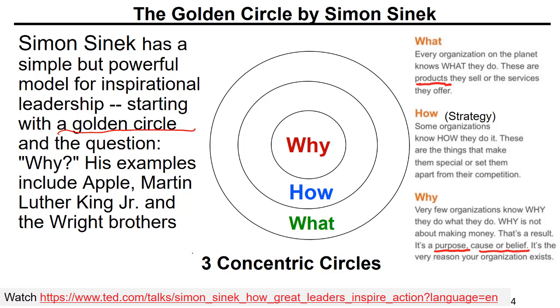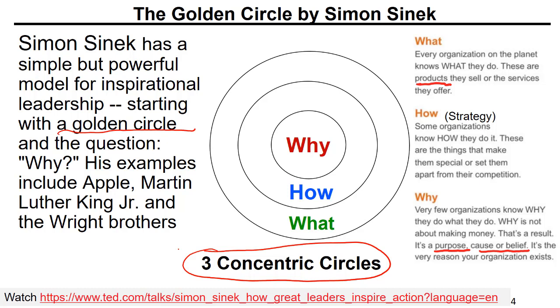And it's really 3 concentric circles. At the center of this is why. Drucker certainly asked the same question: why? Why you're here? What's the reason for your company, for your organization to be in existence? What's the purpose of your company?